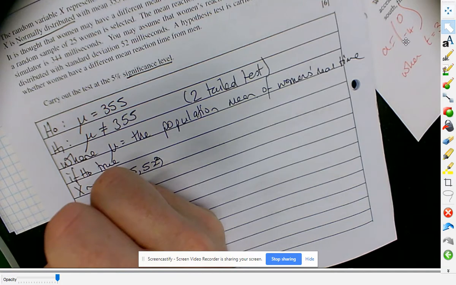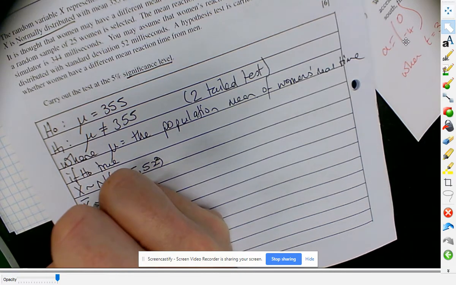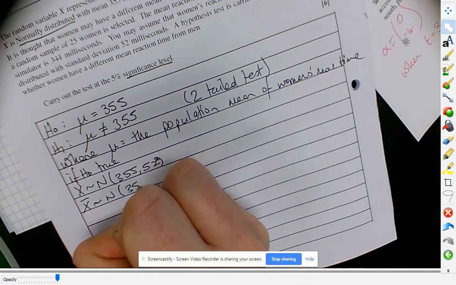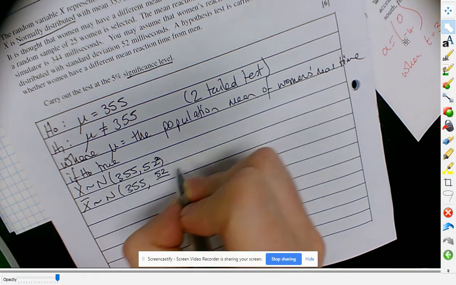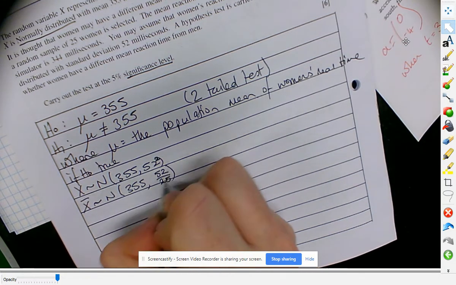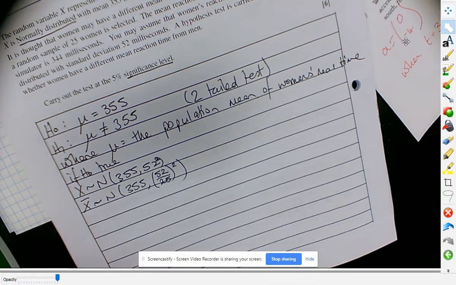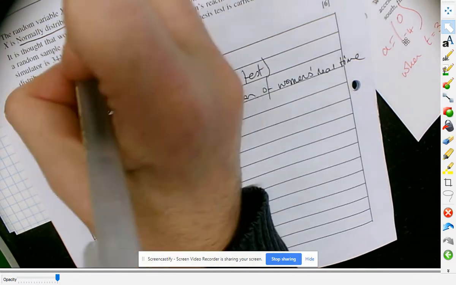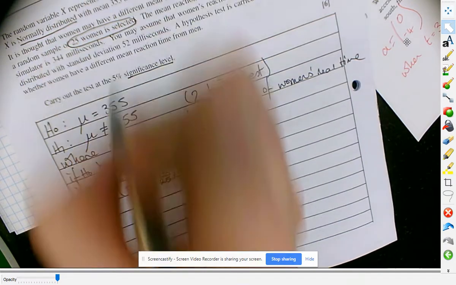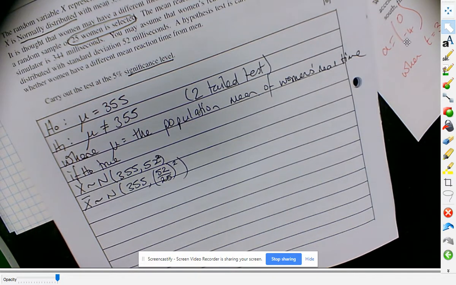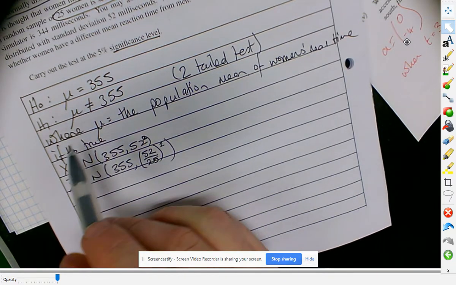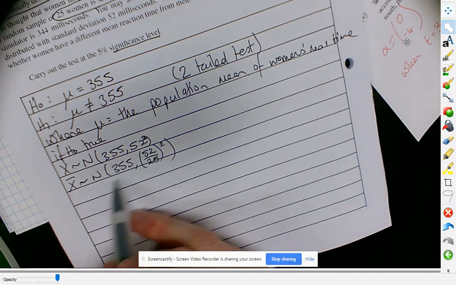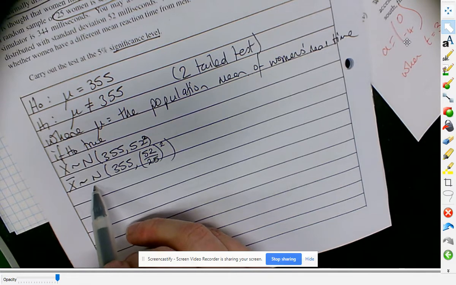So I now need to do my distribution for X bar. So X bar is normally distributed the same mean. The standard deviation gets divided by 25 because 25 is the sample size. Okay, so 25 women have been selected. So this is the distribution of the sample means.